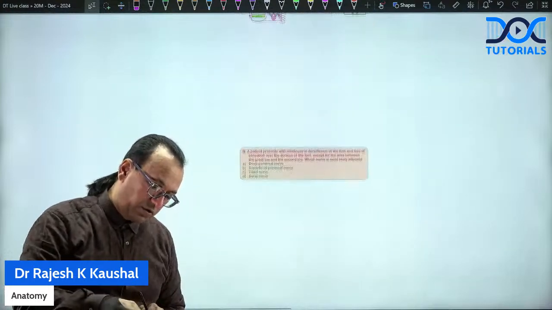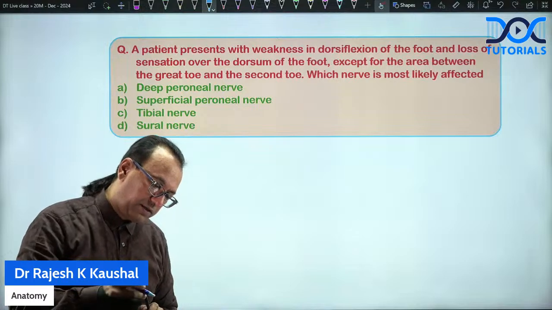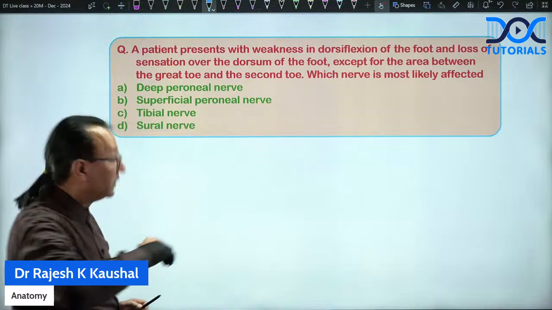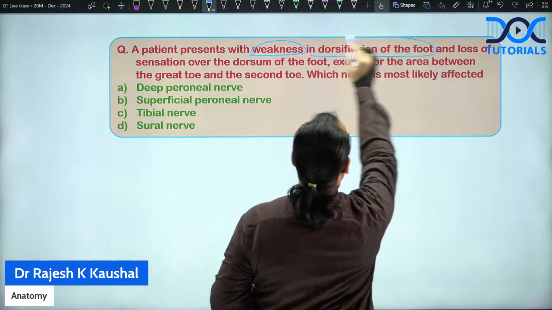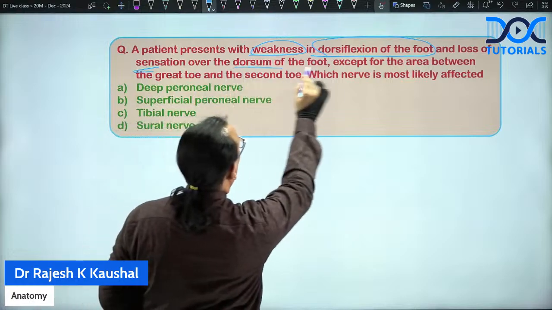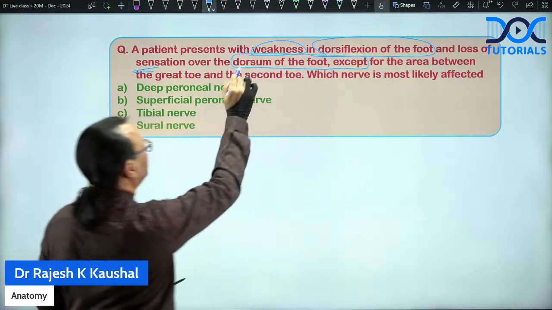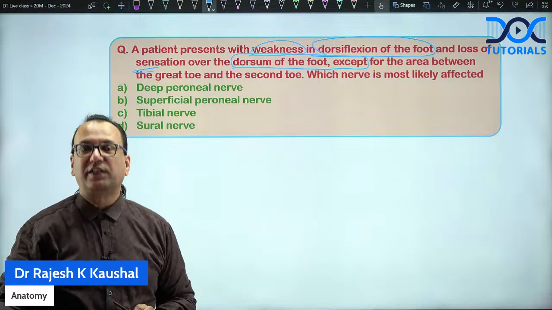Now, as we move on, the patient is having a problem with weakness of dorsiflexion of the foot and loss of sensation over the dorsum of the foot. That is what G Unlimited pointed out.